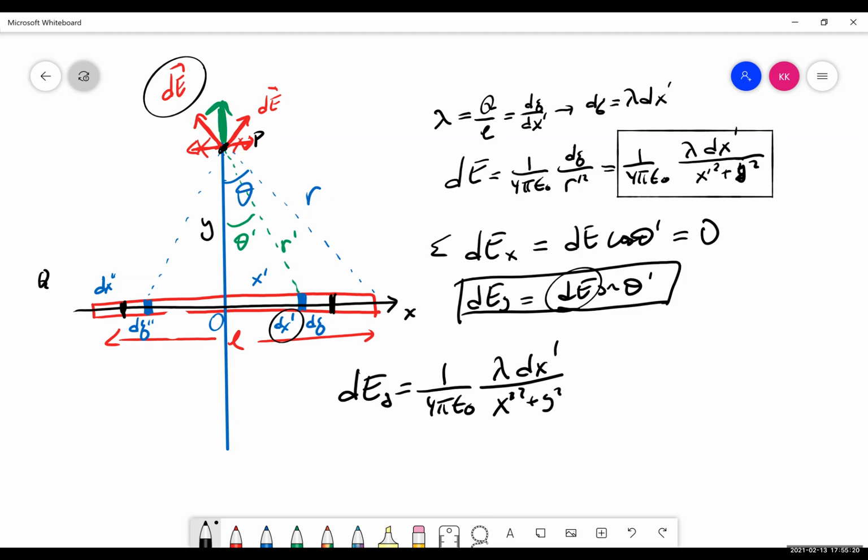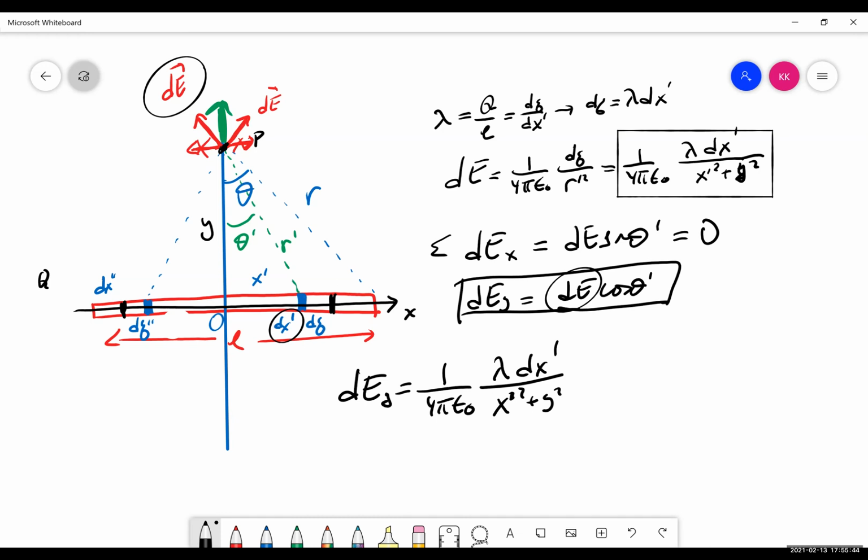I also need to get what the component is. Actually, let me make one correction. The x component is actually in terms of sine of theta prime, and the y component in terms of cosine of theta prime.